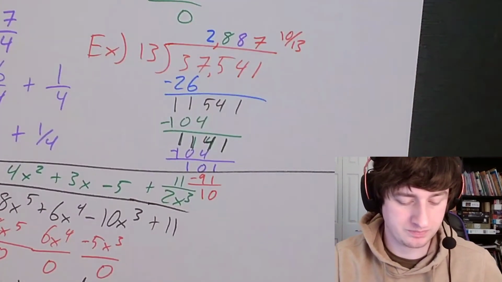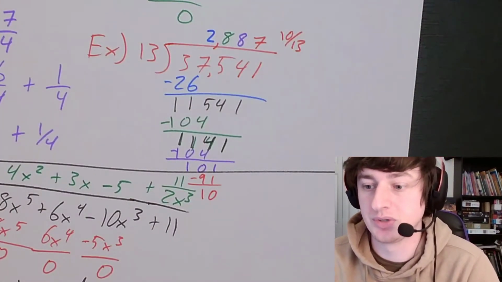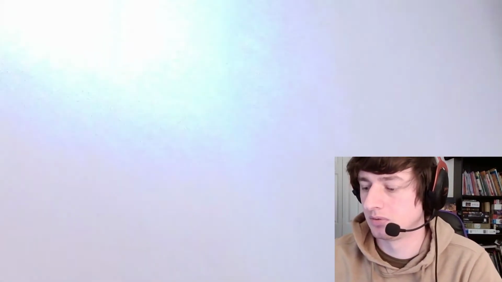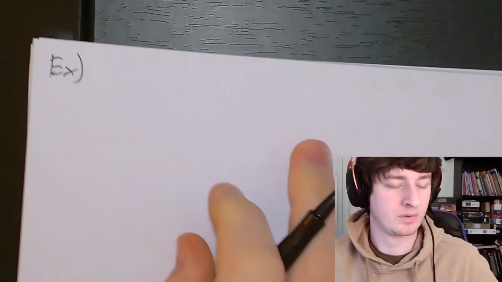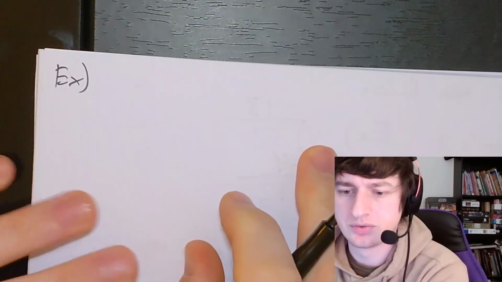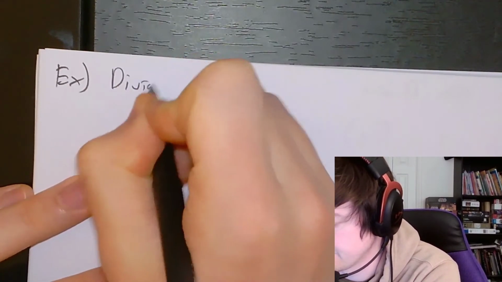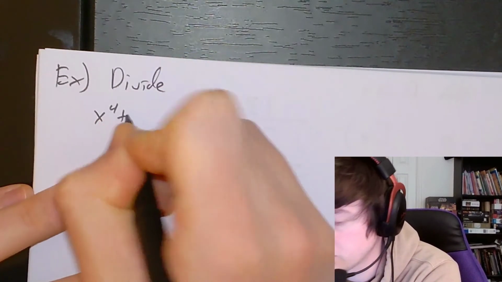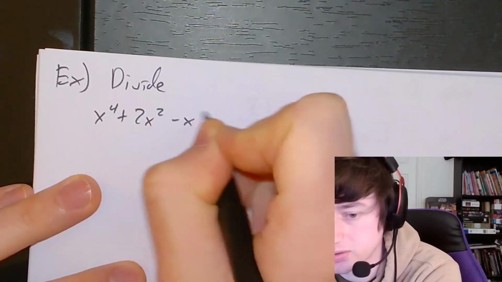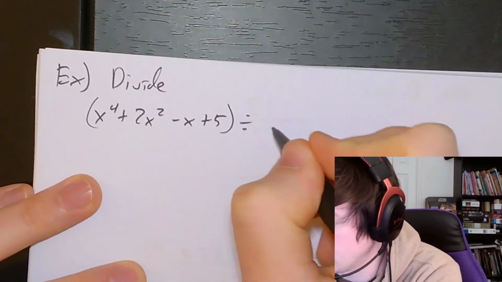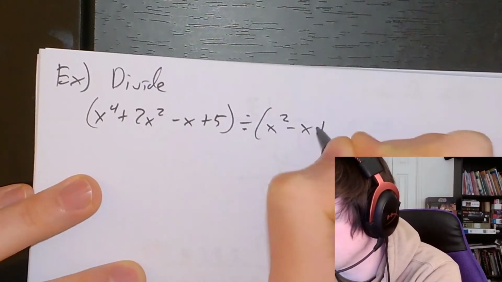Okay, so we're going to do another one, except this time it's going to be more polynomials, right? So we are going to divide x to the fourth plus 2x squared minus x plus 5 by x squared minus x plus 1.